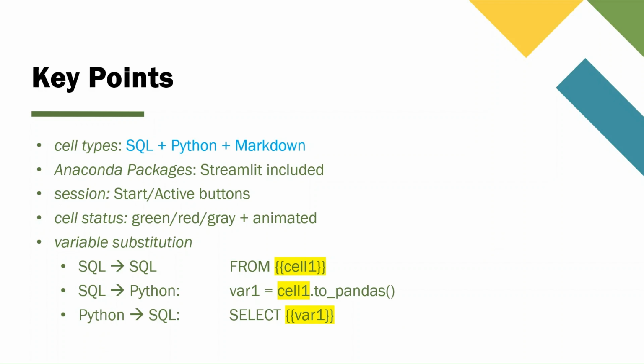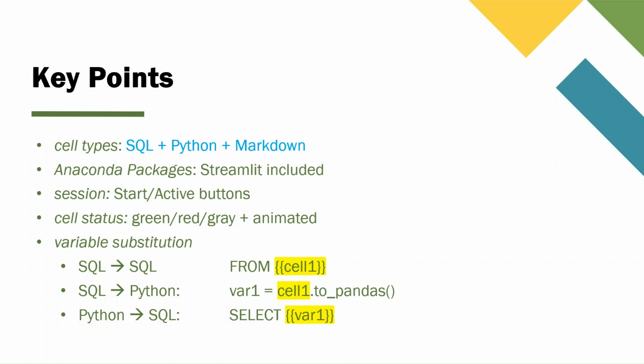Streamlit is already included here. For the session, get familiar with the buttons. You've seen that you may have a start or active button. These are for the session. You may end the session, you may go out, and the session will be idle for a while and will stop automatically, and so on.